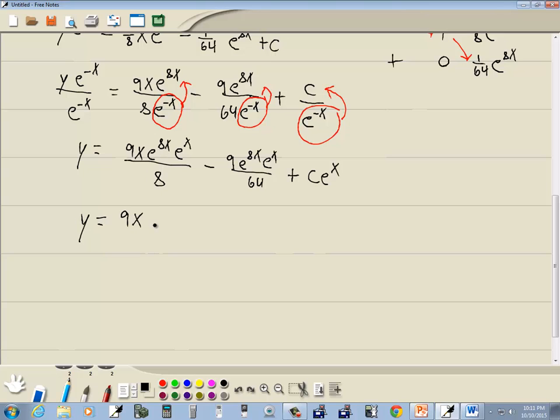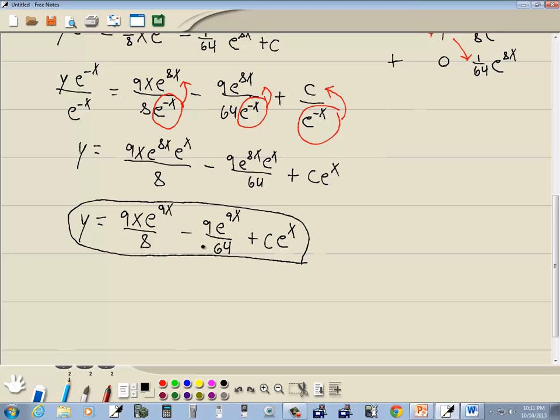So we're going to have 9x e to the 9x over 8 minus 9e to the 9x over 64, same reasoning there, plus c e to the x. Now you could write those a little bit differently if you wanted to, but basically that's your answer. You could write as 9/8 x e to the 9x.